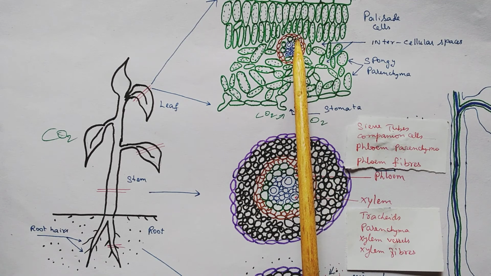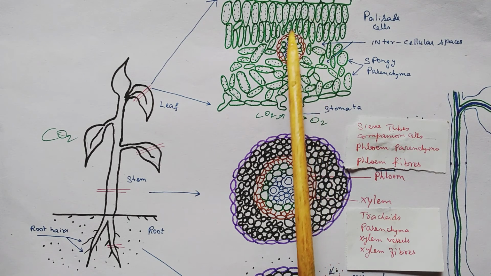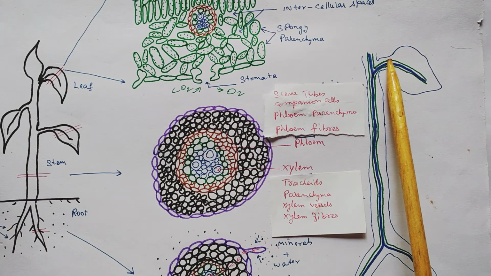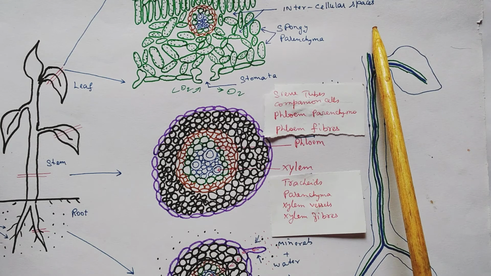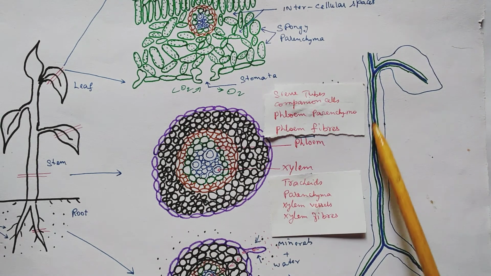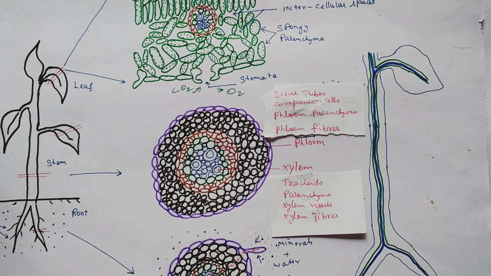Once they reach this phloem, these food particles will be carried into fruits, or maybe into the roots, or maybe stored anywhere in the bark or somewhere. So that is translocation. What is translocation? Translocation is the transport of food products from the leaf to anywhere in the plants.